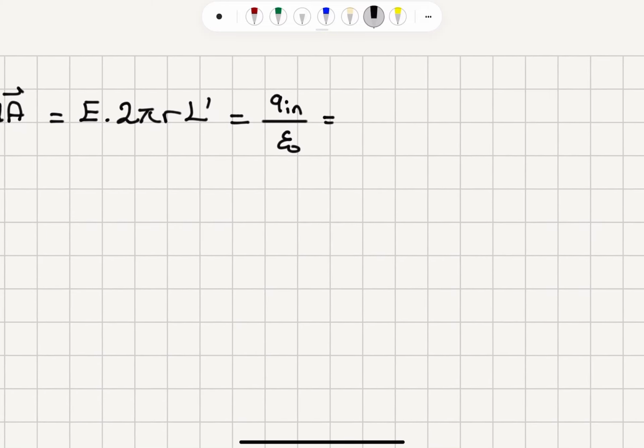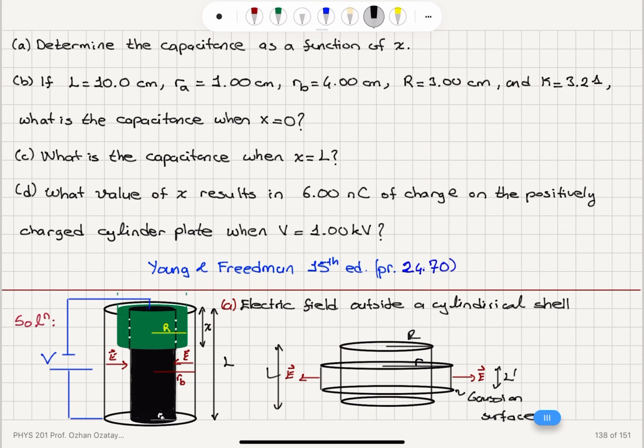It is the surface charge density sigma multiplied with the surface area of this portion of the cylinder, which is 2 pi capital R L prime, divided by epsilon 0. So why is it 2 pi capital R L prime?